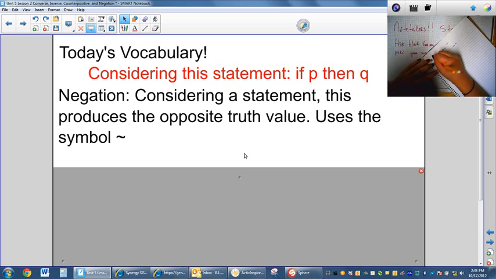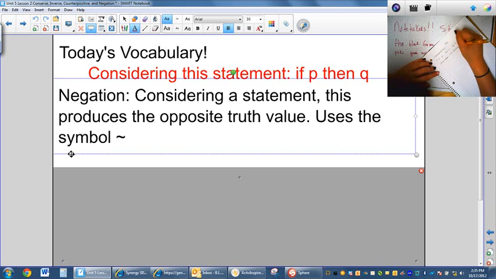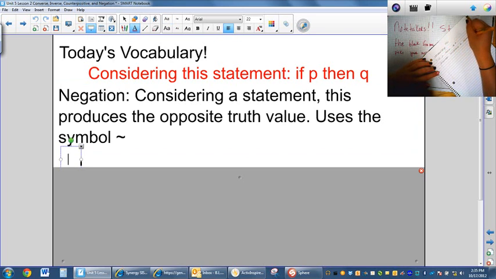So negation. Considering a statement, let's consider the statement, the Earth orbits the Sun. So the Earth orbits the Sun. So the statement, the Earth orbits the Sun.